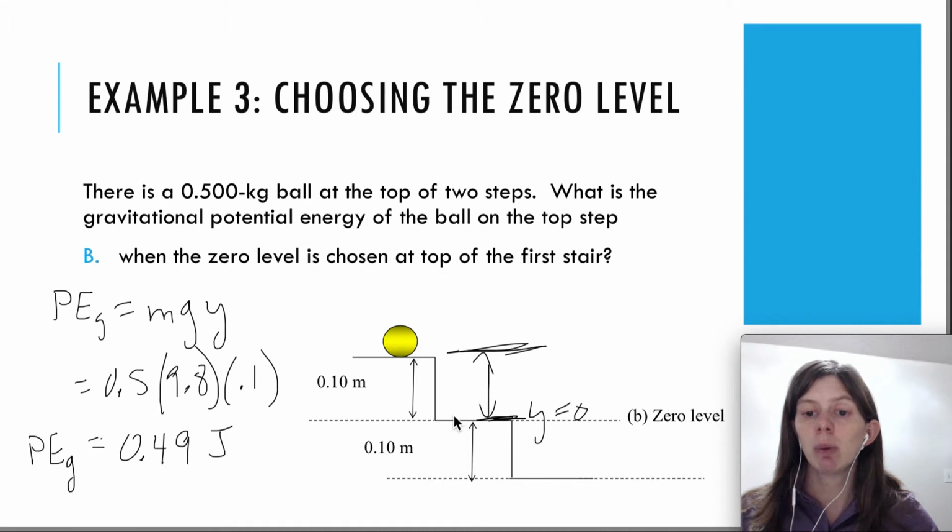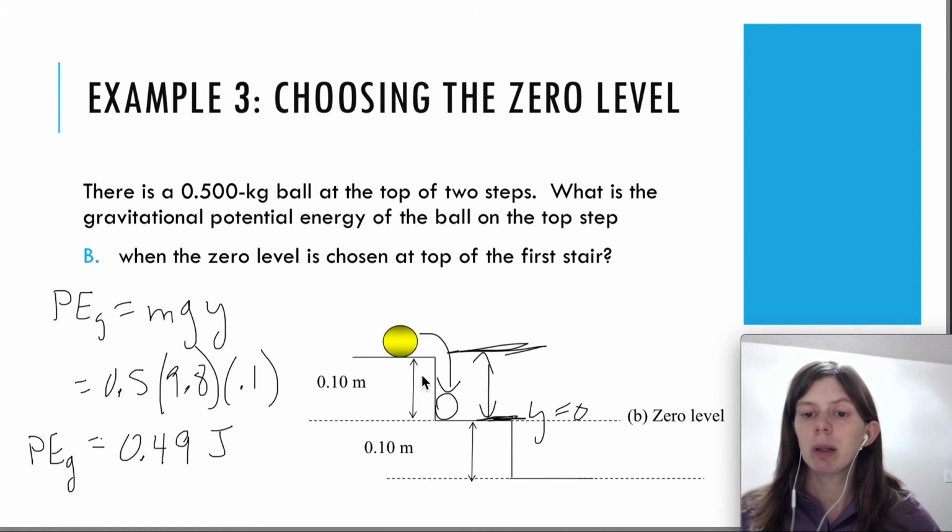So let's say that we want to know what is the kinetic energy of the ball when it has fallen from the top stair, from the very top here to the zero level. Well, then we just care about what's the potential energy relative to this location. And then we can find out information about this ball at this location.